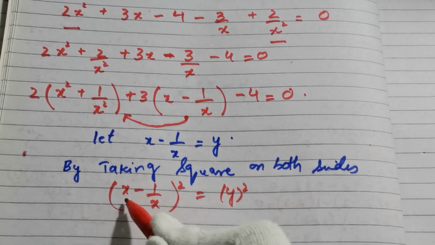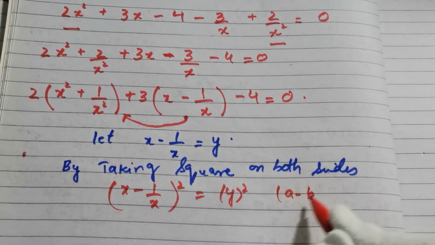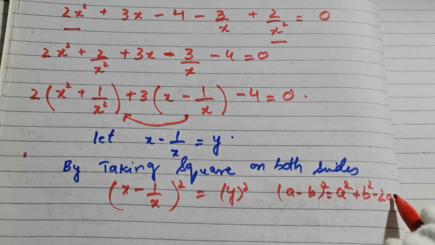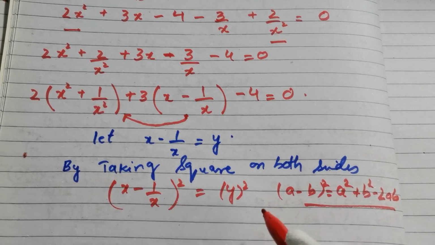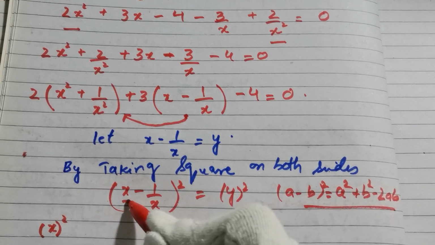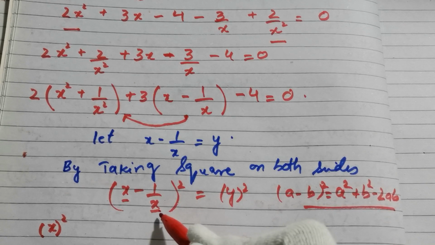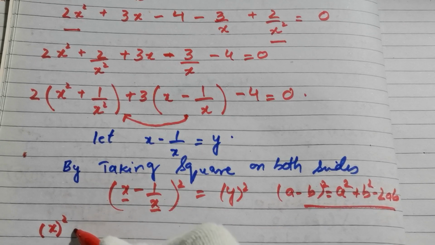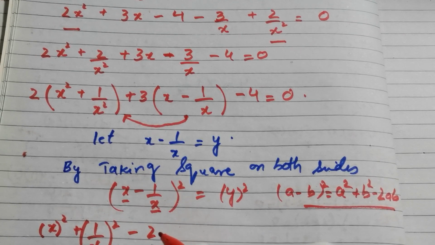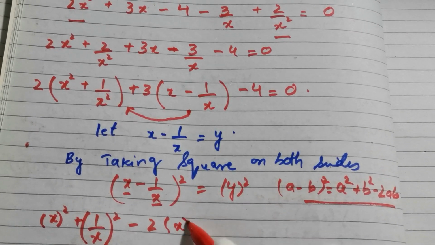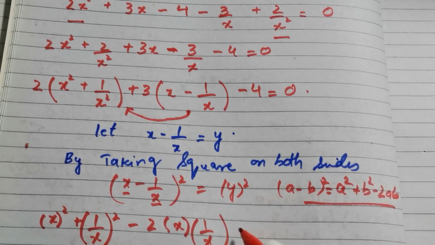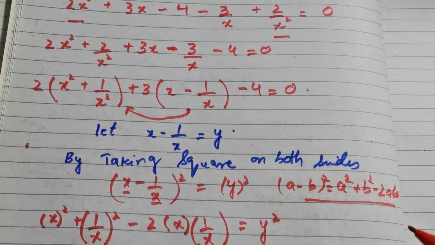What do we get? a minus b whole square is equal to a square plus b square minus 2ab. So we apply this formula here: this term we consider as a, and this term we consider as b. a square plus b square, b is 1 by x, minus 2ab, a is x and b is 1 by x, is equal to y square.